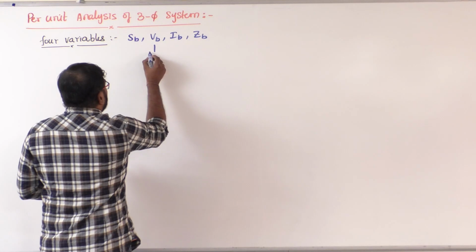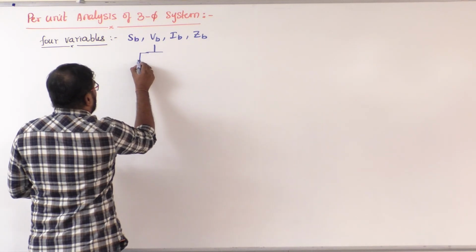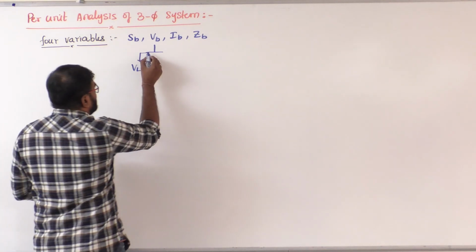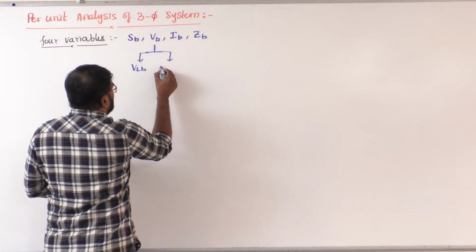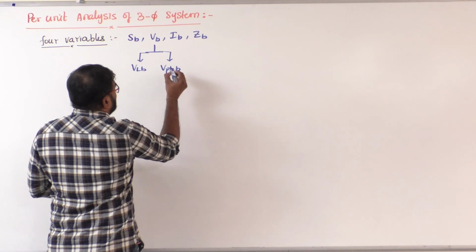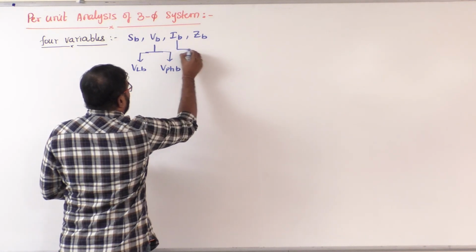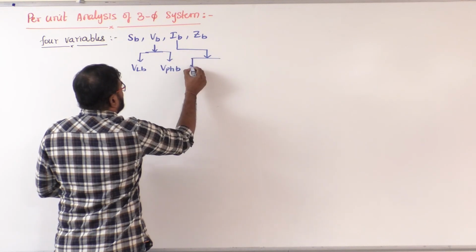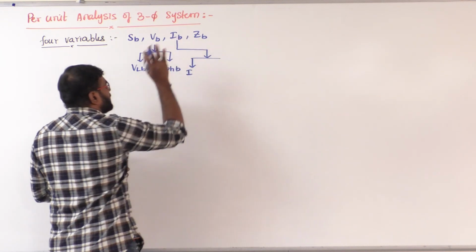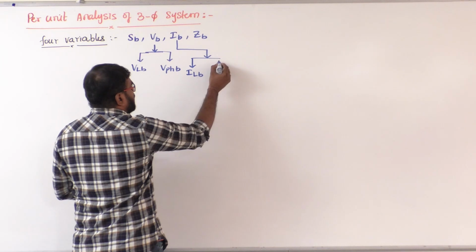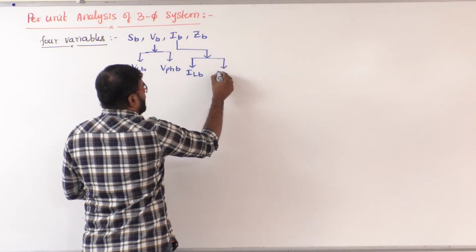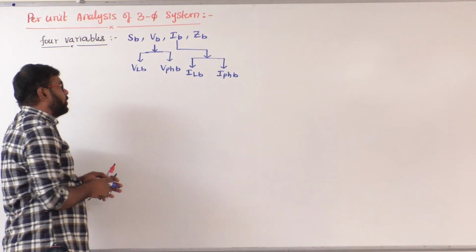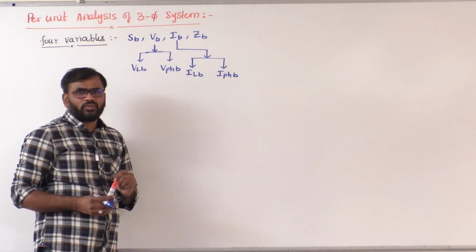So there exists a line voltage base and separately a phase voltage base. And similarly for base current, there exists a line current base and a phase current base. So you should be very careful with the line and phase quantities.